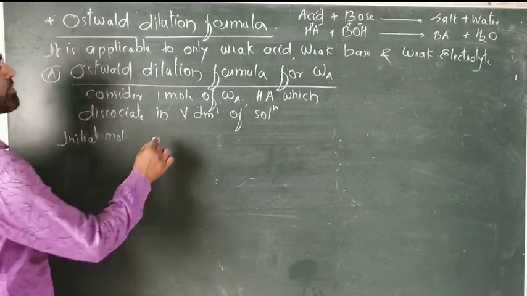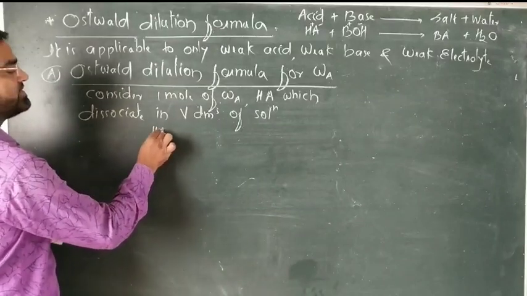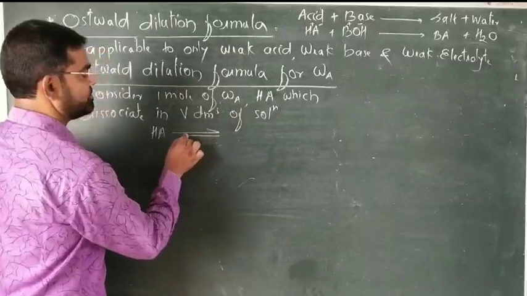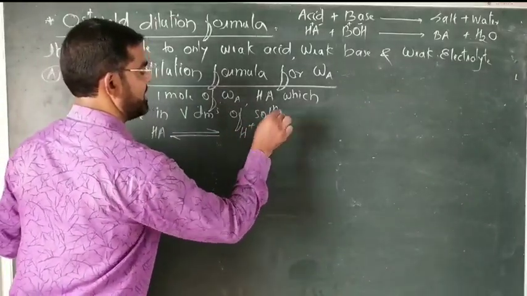Initial mole: HA dissociates to form H plus and A minus ion.